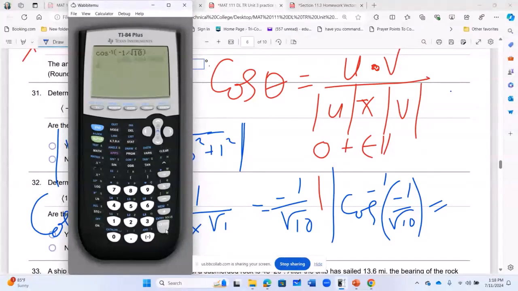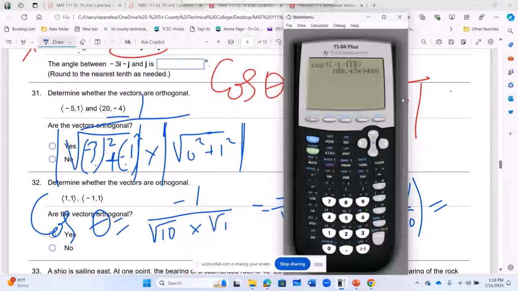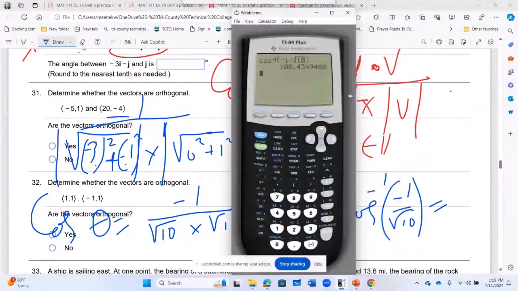The angle there is 108 degrees. It is obtuse. So the angle between the two vectors is 108 degrees. To how many decimal places? You check the number of decimal places. Round to the nearest tenth. So 108.4 degrees.